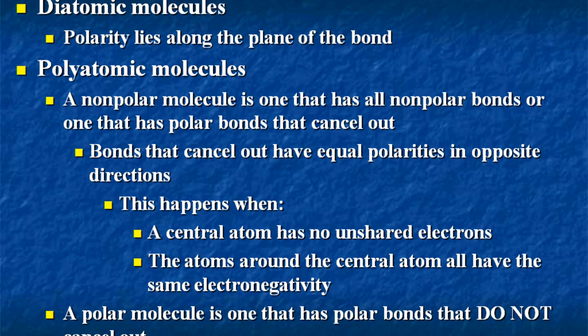Polarity lies along the plane of the bond, and a non-polar molecule is one that has all non-polar bonds, or one where all the polar bonds cancel out. So how do you decide in which shape the polar bonds will cancel out and in which they will not?